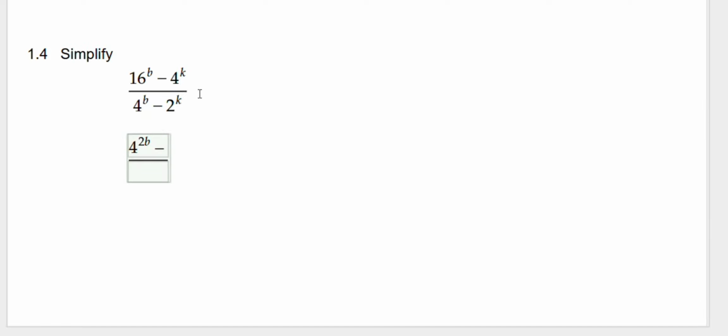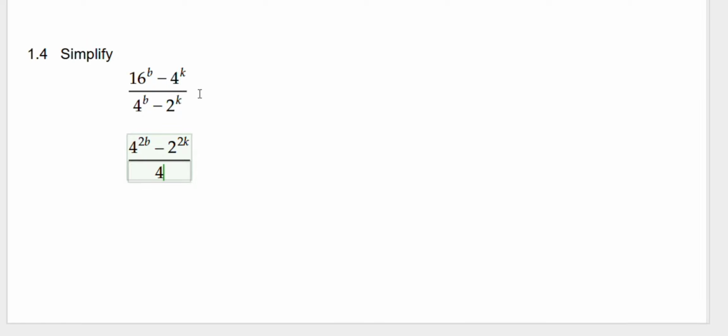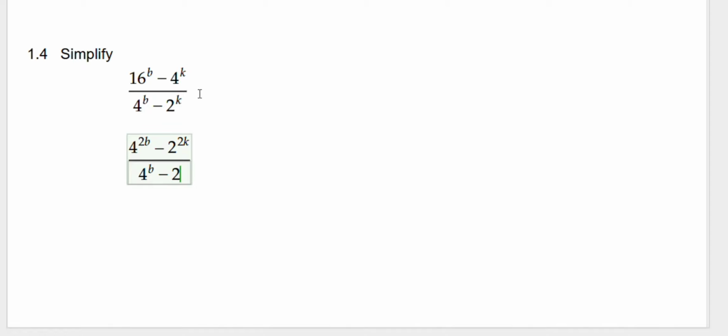We can represent 4 as 2 to the power 2, and we have k, multiplied by k is 2k. The denominator, let's leave it like that since we have the same base. So let's just rewrite the denominator as 4 to the power b minus 2 to the power k.